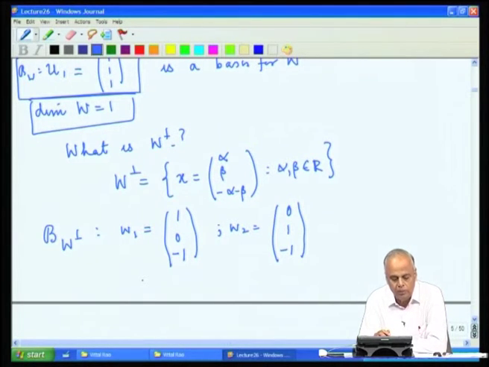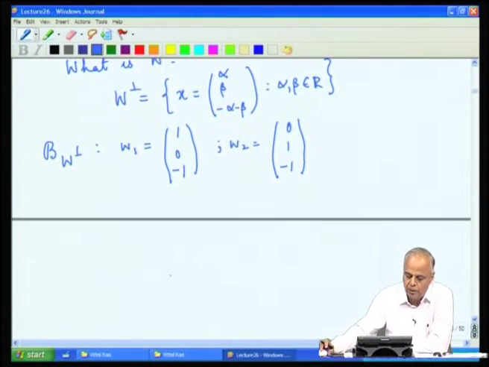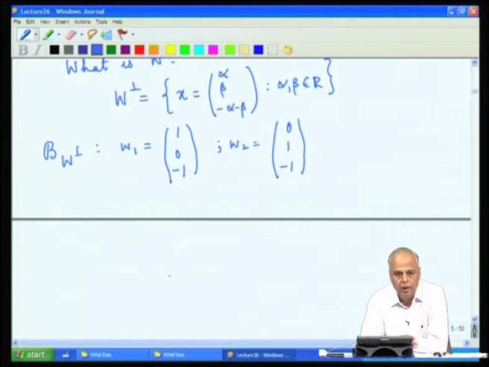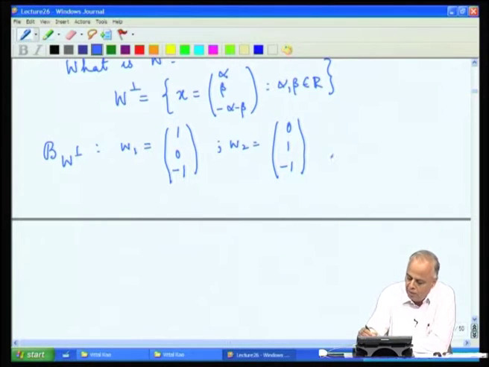By putting alpha equal to 0 and beta equal to 1, we get W2. Therefore, W1 and W2 are vectors in W perp. They are obviously linearly independent, and any vector in W perp is alpha times W1 plus beta times W2, and hence they span W perp. So, these two vectors are in W perp, they are linearly independent, they span W perp, and hence they form a basis for W perp.